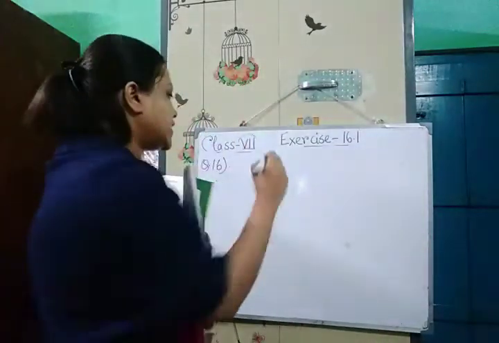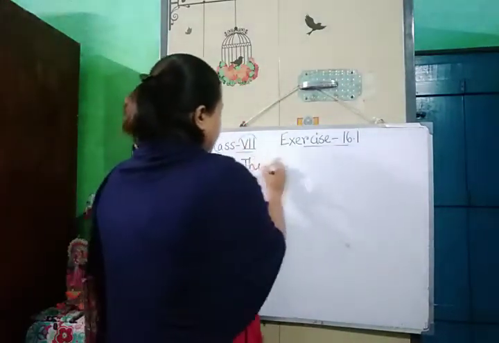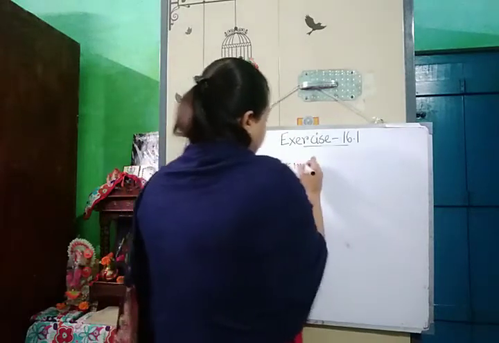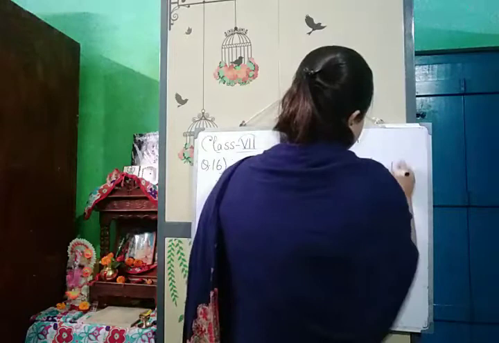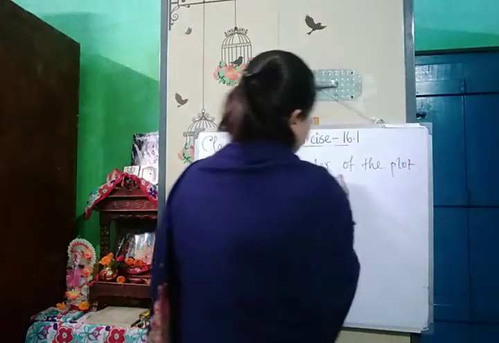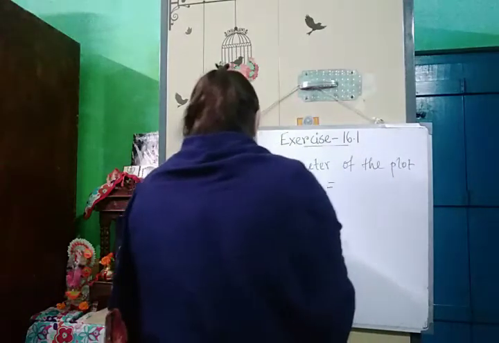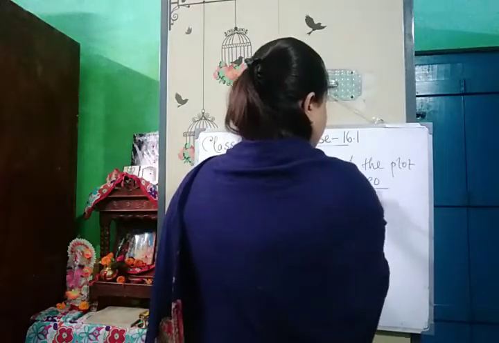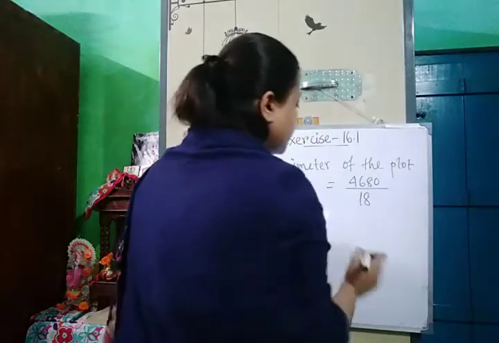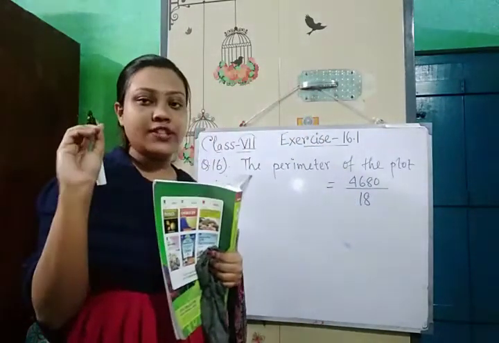Okay, so we will write here the perimeter of the plot. You can see the total cost is 4680 and 18 is the rate or cost of fencing 1 meter.